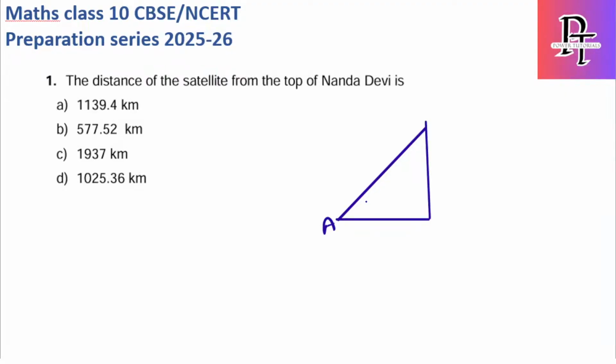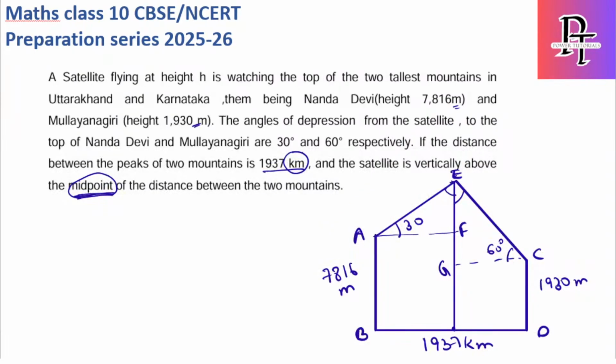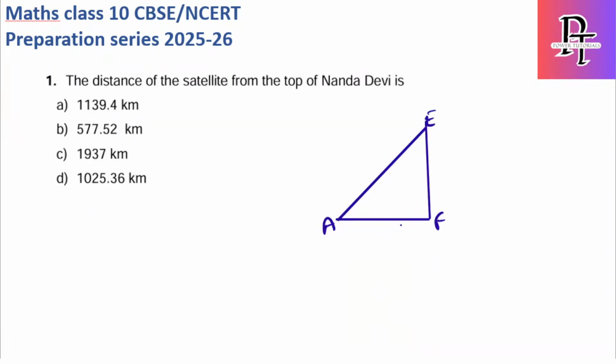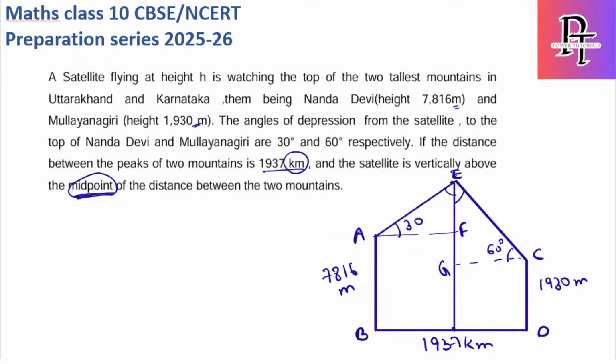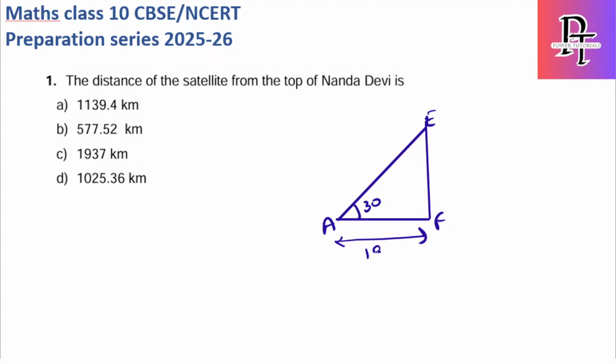This is A, this is E, and this I think I marked F. They're asking for AE in this triangle, and this angle we know, which is 30 degrees, and height we don't know, but this distance we know. What is this distance? It is half. They clearly mentioned it is half, so it is 1937 by 2 kilometers.